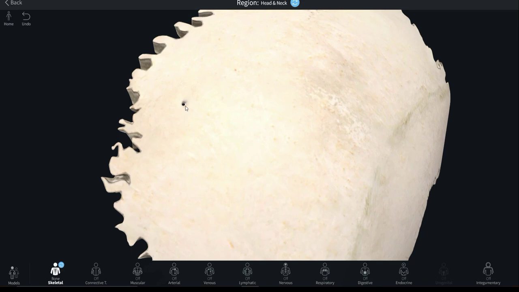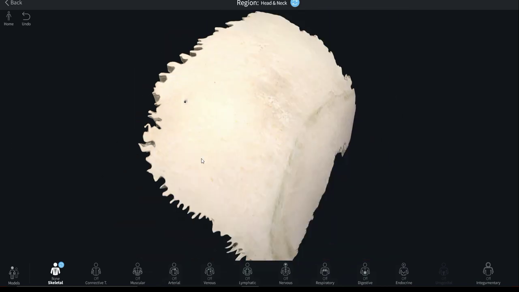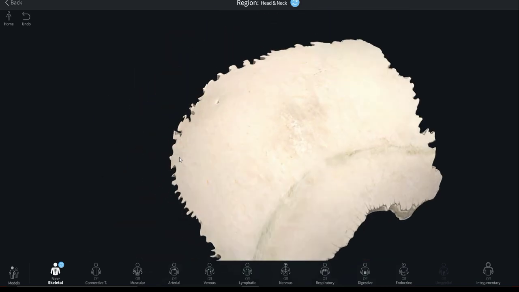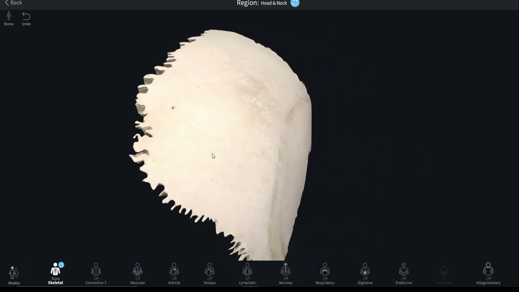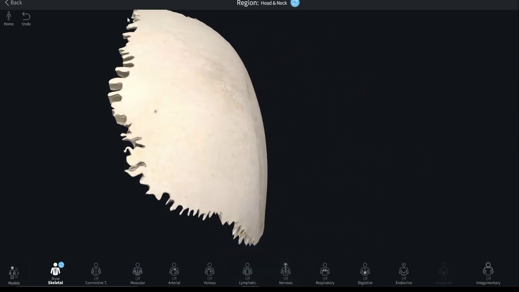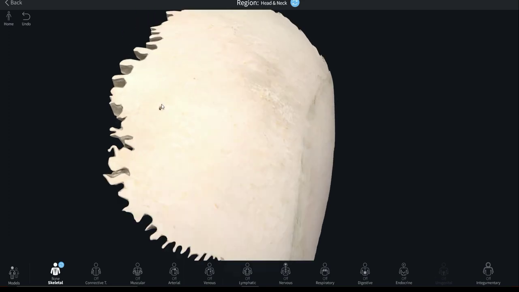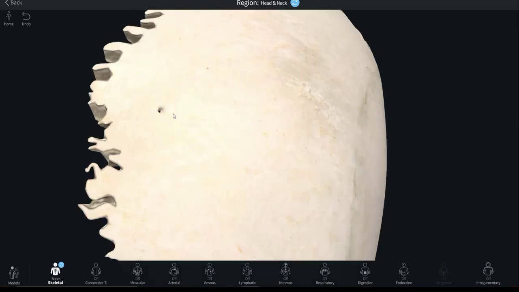This foramen, this hole, is what we call the parietal foramen. This parietal foramen is present on either side of the midline, on the surface of the parietal bone. And the importance of this parietal foramen is that it allows the passage of some structures.